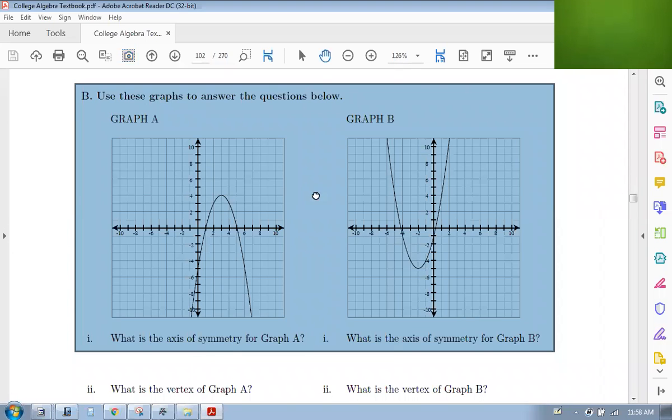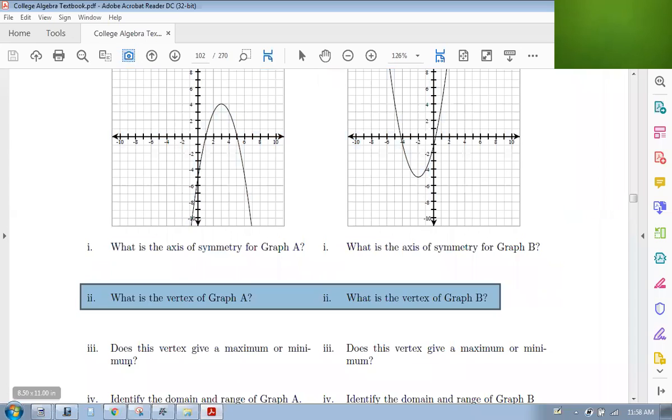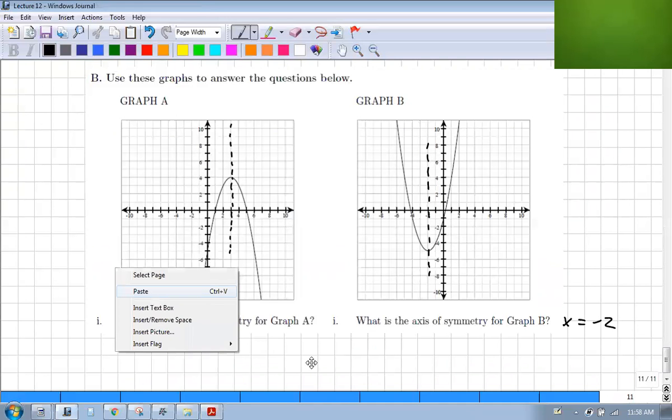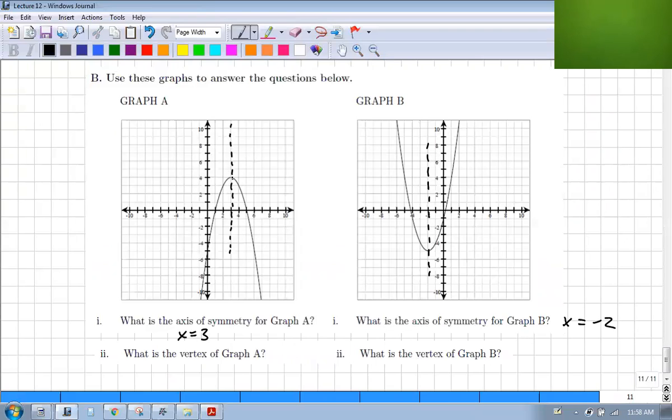Now, what are the vertexes? Graph A, it's right here. What is that point? 3, 4. For graph B, it's right here. This point is what? -2, -5.